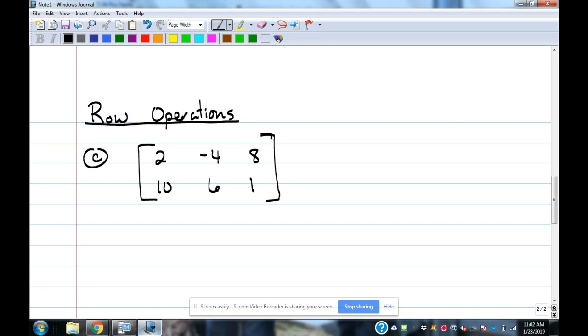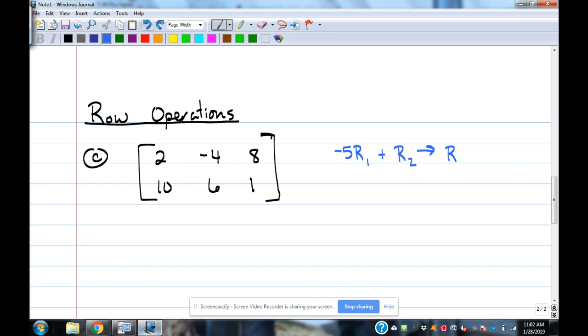So with row operations, what it is you're taking a set of instructions. They're going to tell you what they want you to do. So for this one, let's do this row operation. Let's say we had negative 5 times row 1 plus row 2, and we want to change row 1. Okay?